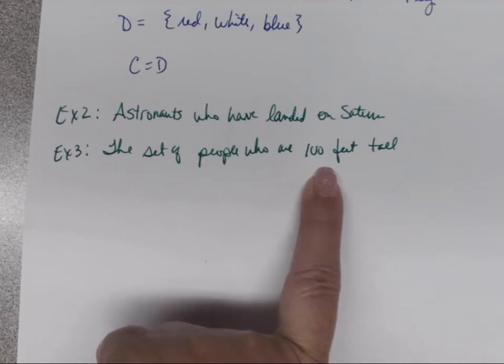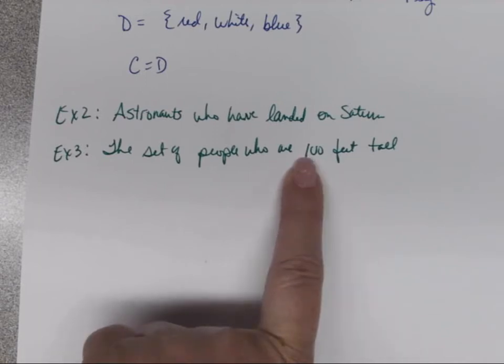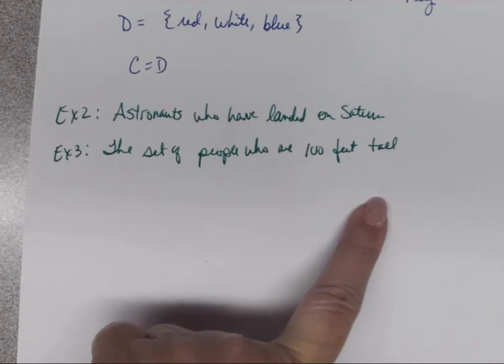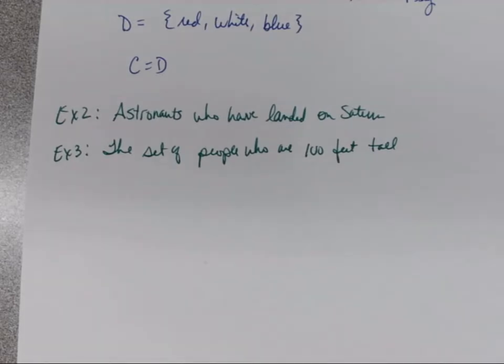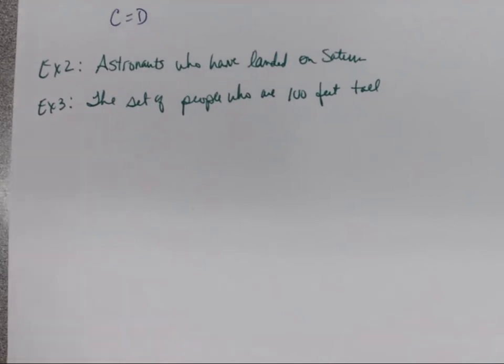The likelihood is probably small, but you really want to go big or stay home here. If we go with 100 feet, there's no person who was 100 feet tall versus going with 10. So really push it so that you know nobody can negate that. So you want to make sure it's truly an empty set and that somebody can't come up with an example.